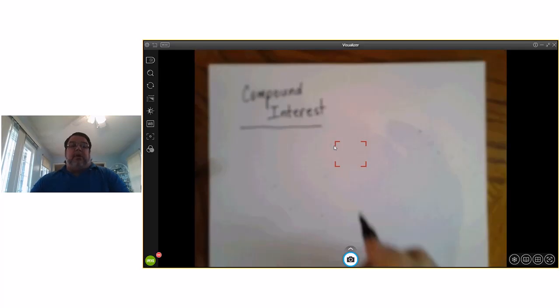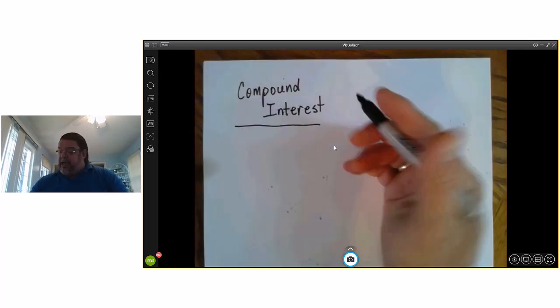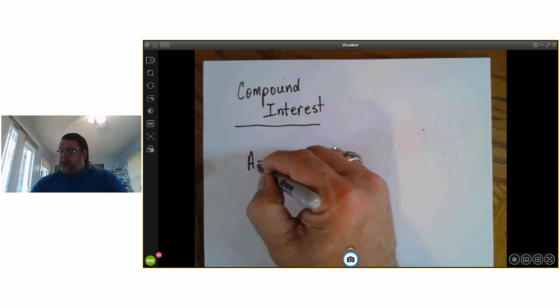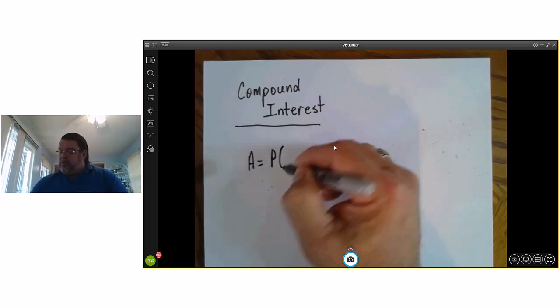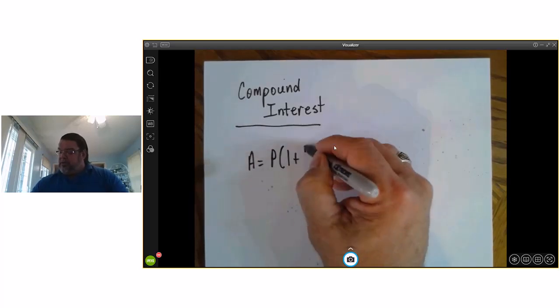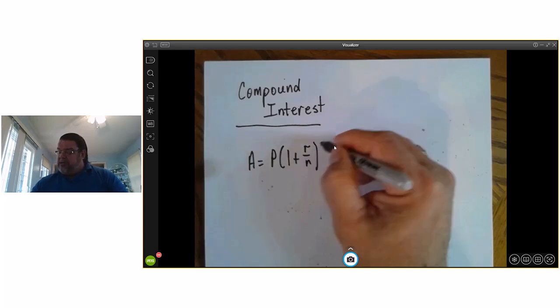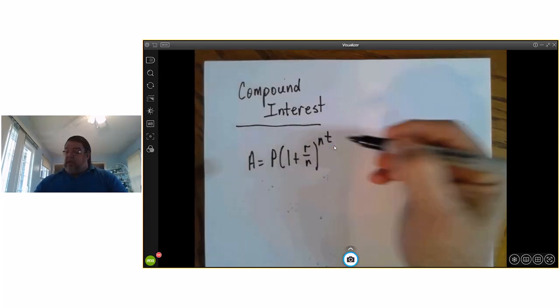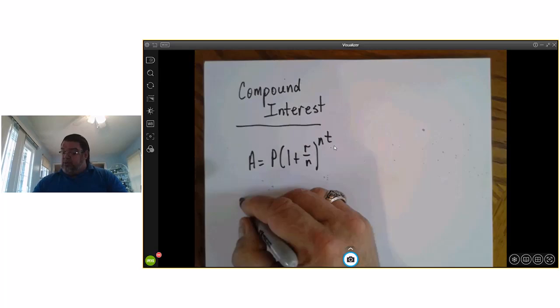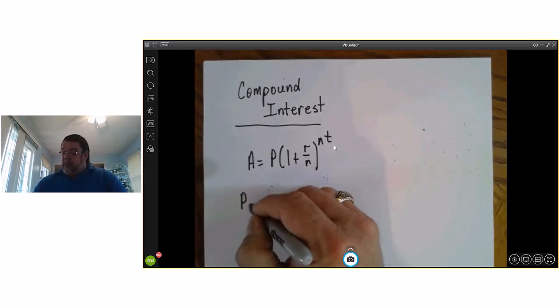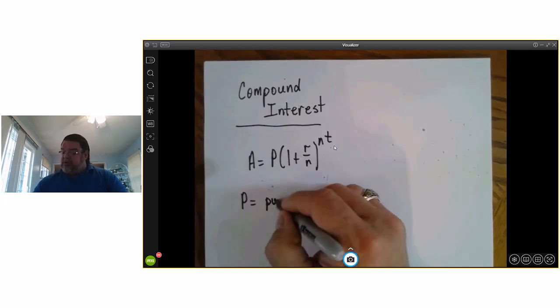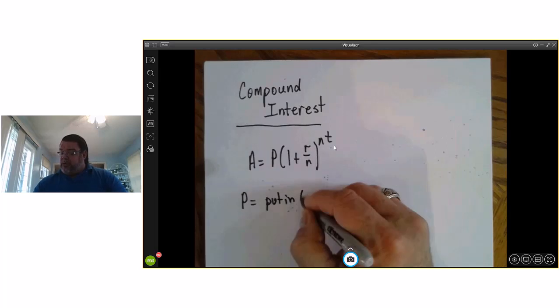Okay. Compound interest, the formula is A equals P times (1 plus R over N) raised to the NT power. And P is what you put in. That's the Hubert definition, but it's also called the principal.